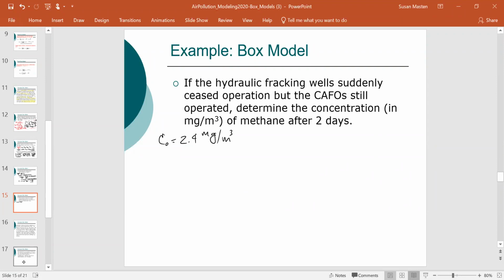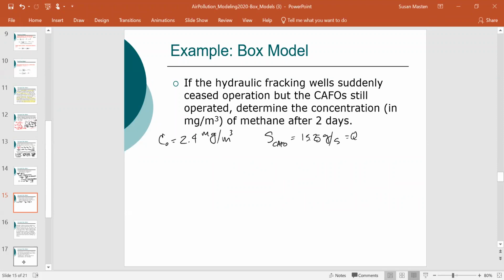For whatever reason, all of the hydraulic fracking wells stop. So we have no wells. We still have the source term for the CAFO. Okay, this is that Q.